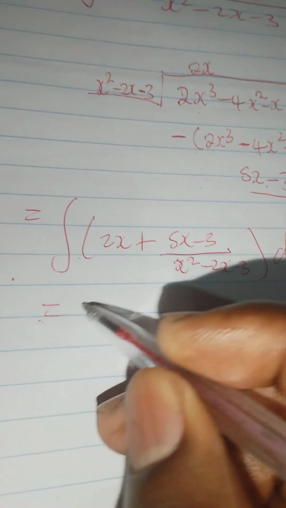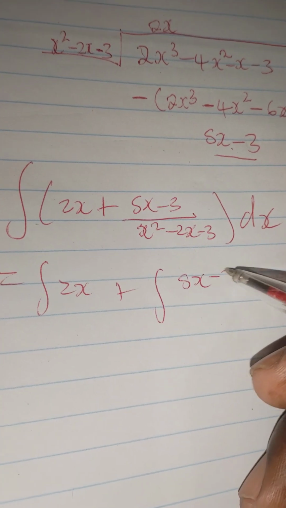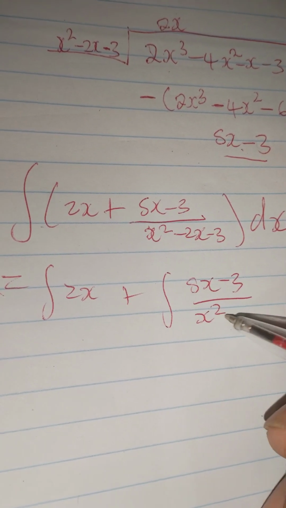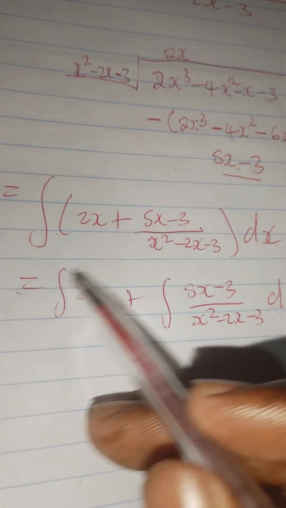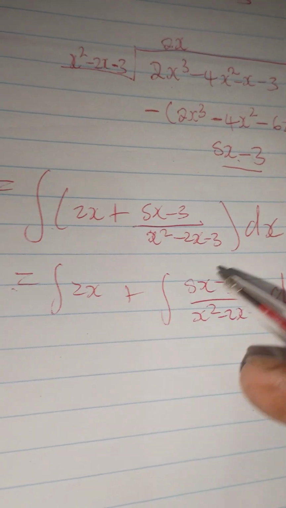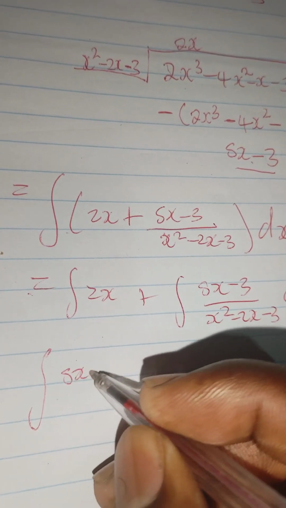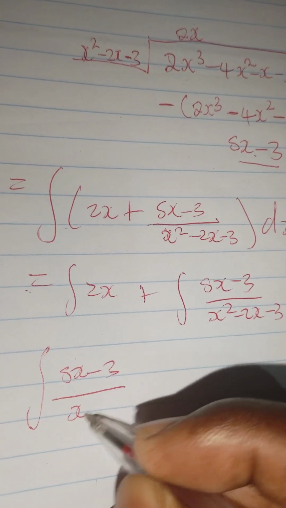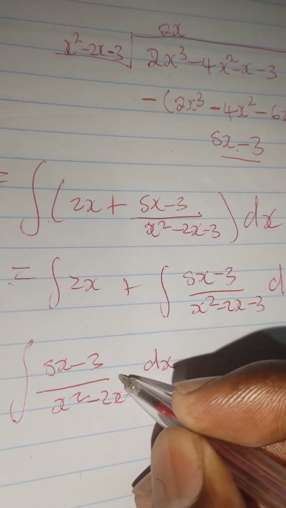You're going to have the integral of 2x plus the integral of 5x minus 3 over x squared minus 2x minus 3 dx. This integral is very simple, but let's first work out this one. And remember, we must use partial fraction. This is going to be the integral of 5x minus 3 over x squared minus 2x minus 3 dx.